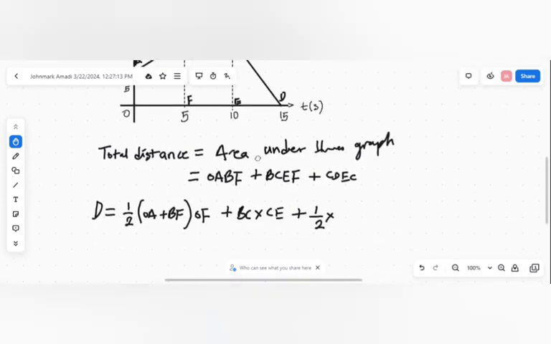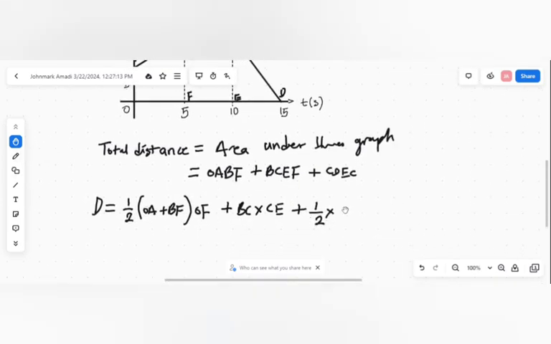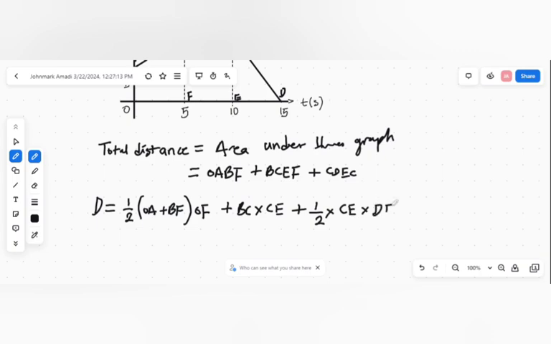DE. Half of CE times DE. Okay, so this is the formula for the area of a triangle, and the first ones are for the area of a trapezium and the area of a rectangle or square.